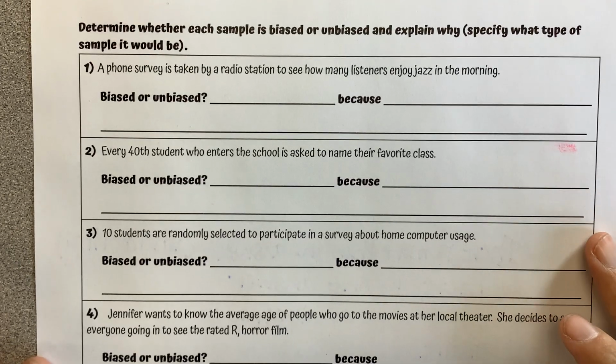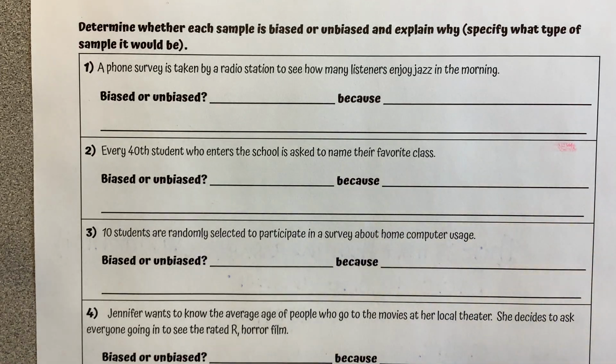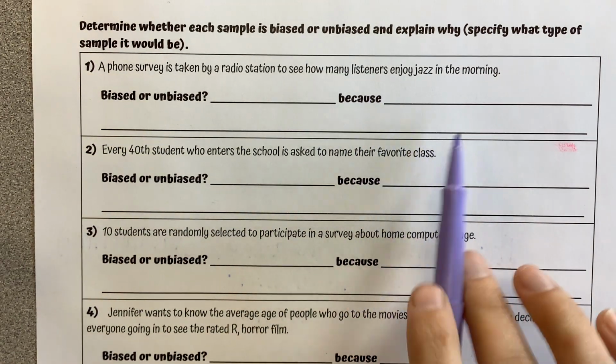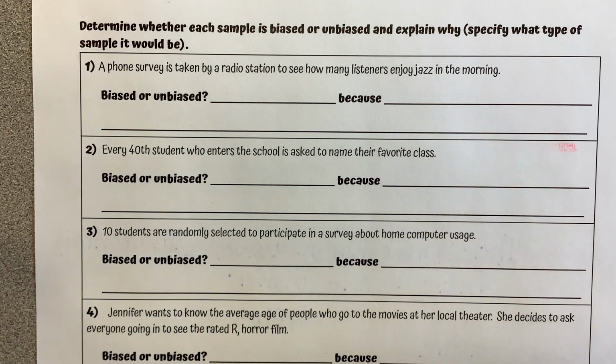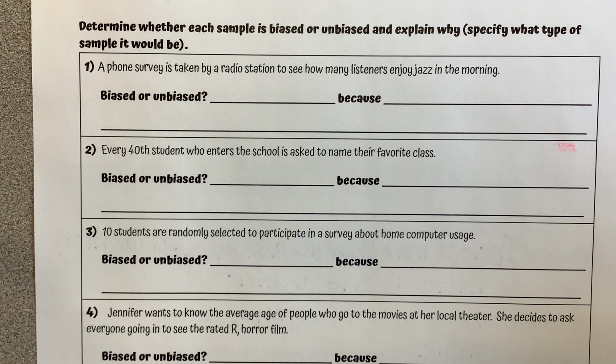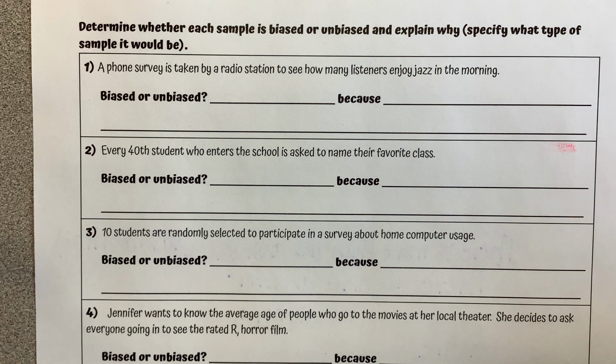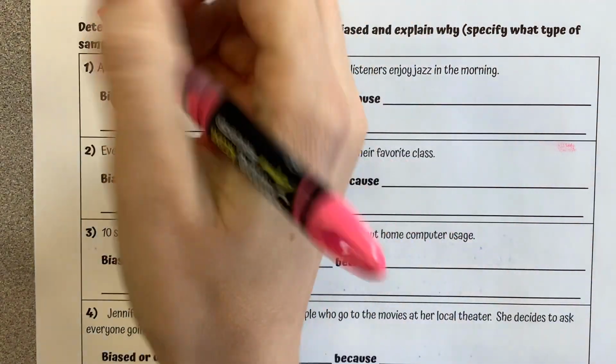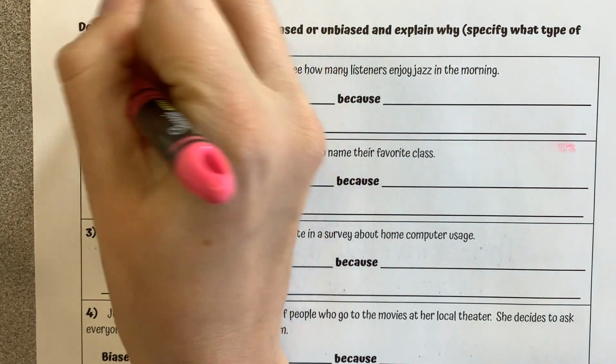So let's look at determining whether things are biased or unbiased and what the type of sample would be. When it says "because," we are explaining by determining what type of sample it is. So number one, it says a phone survey is taken by a radio station to see how many listeners enjoy jazz in the morning. The key part in this statement is a phone survey.